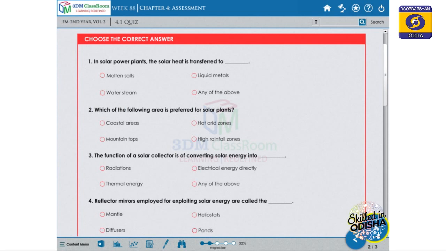Number 3: The function of a solar collector is converting solar energy into radiation, thermal energy, electrical energy directly, or any of the above. Reflector mirrors employed for exploring solar energy are called mantle, diffusers, heliostats, ponds.